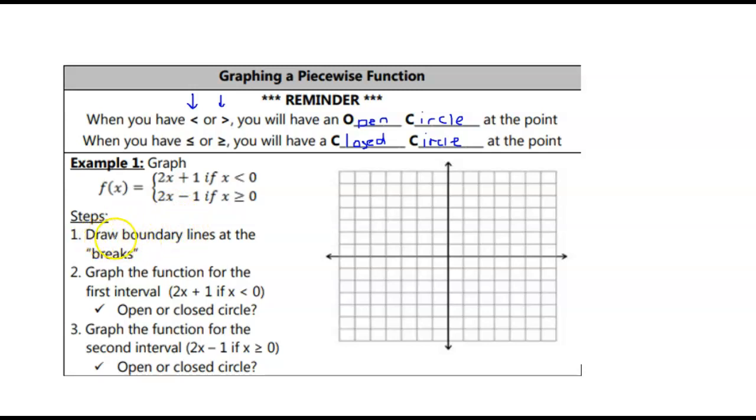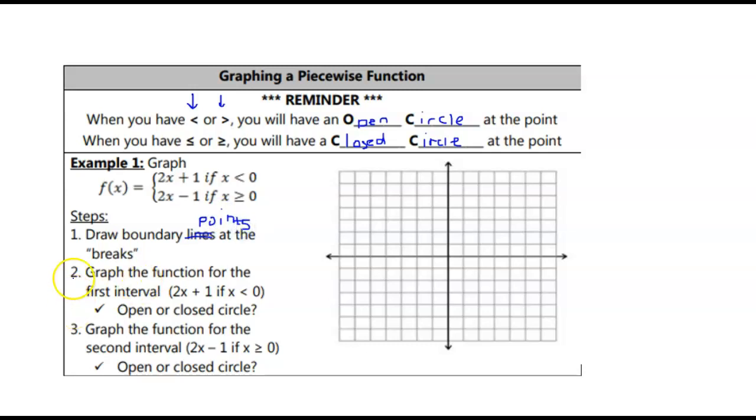The first step says draw boundary lines at the breaks, and I'm going to say that you draw your boundary points at the breaks. So let's edit that: we're going to draw our boundary points first.